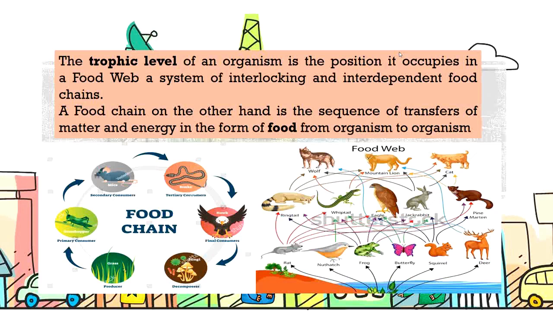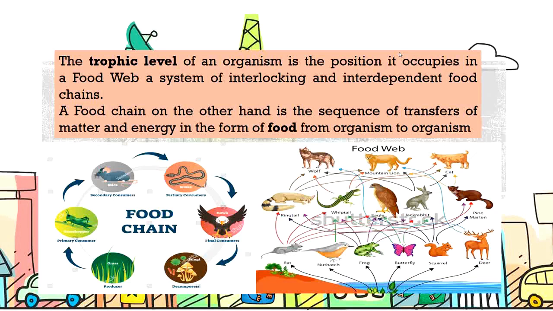On the other hand, a food web is a sequence of interlocking and interdependent food chains. So there are a lot of food chains. There are a lot of animals and insects that eat each other. So it's all like a web. It's like a food web.